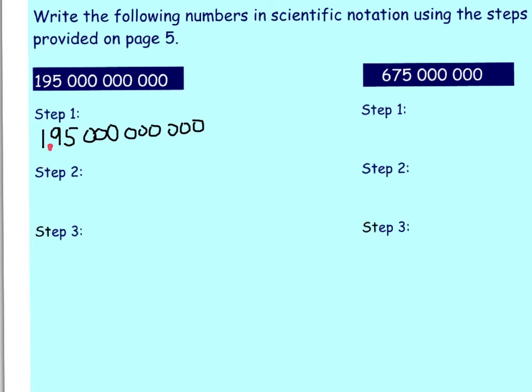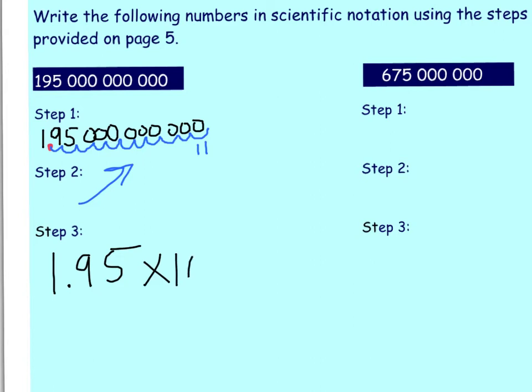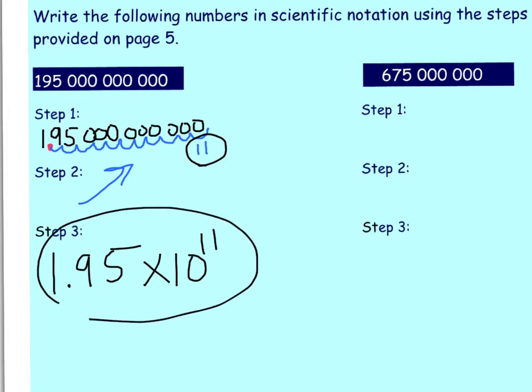Now, step 2, we're going to count our decimal places that it takes to get to here. Well, it took 11 decimal places to get there. So my third step is to write my new number. 1.95, then I drop the zeros off. Do not write the zeros at the end. Multiplied by 10, and then I'm going to take this 11 and put it right there. Done. That's it. That's scientific notation. Just remember, this always has to be between 1 and 10.